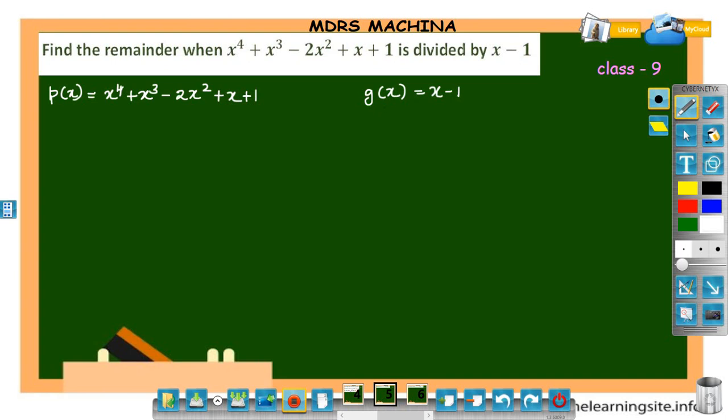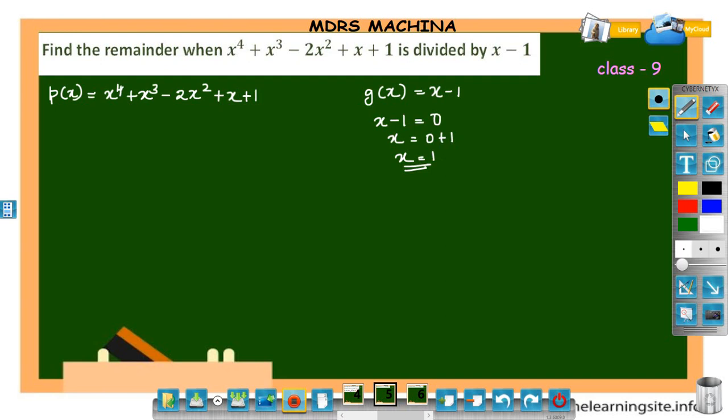To find the remainder by applying the remainder theorem, first we have to find the 0 of g of x. Here g of x is x minus 1. To find the 0 of x minus 1, equate it to 0. So x is equal to 0 plus 1, that is x is equal to 1.